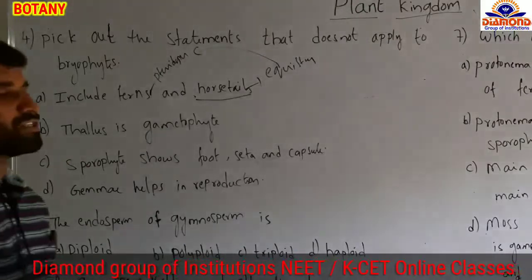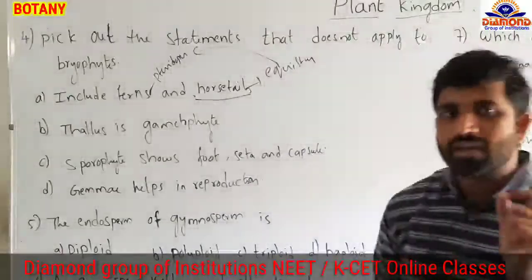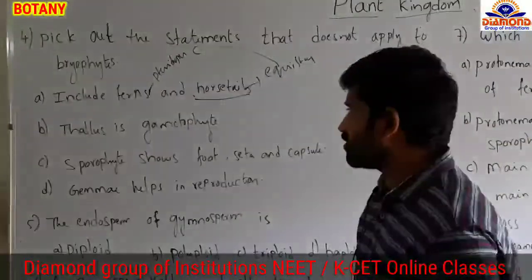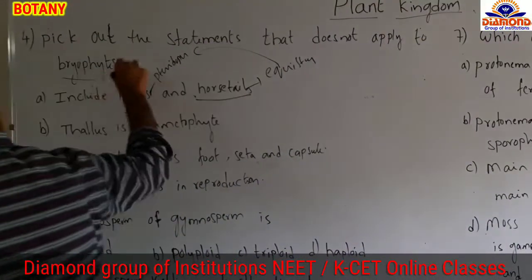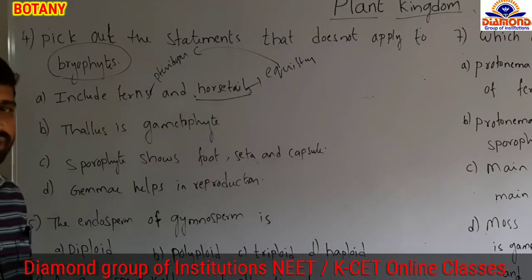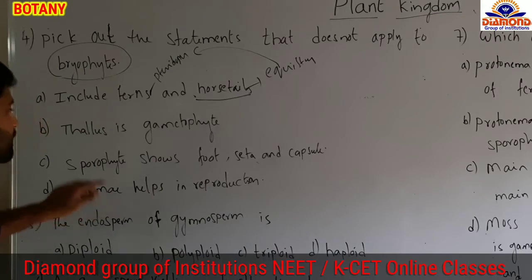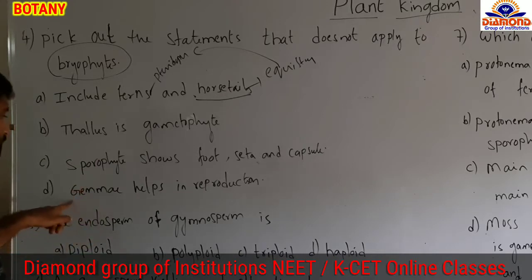Gemmae are specialized structures seen in liverworts only. Others do not show gemmae, but the question is asking about bryophytes. Under the bryophytes, liverworts and mosses are included. Mosses do not show gemmae. So option D belongs to liverworts only, not to mosses. So option D will not be considered.